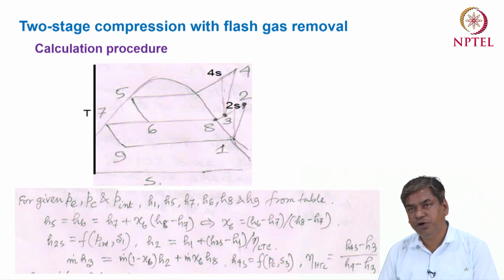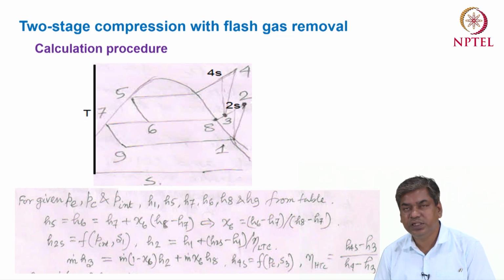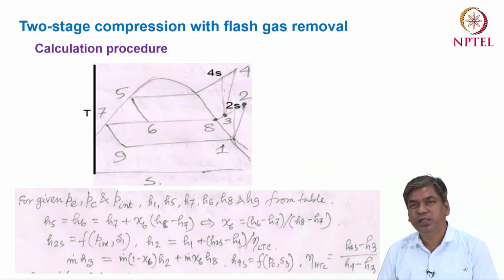So 1 and 8 we can get from the table, and then 5 and 7 both are basically the saturated liquid points. So 5 is the saturated liquid for the condenser pressure, and 7 is the saturated liquid for the intermediate pressure. So the enthalpies at points 5 and 7 both we can get from the saturation table. Then 5 to 6 and 7 to 9 both are the isenthalpic processes. So the enthalpy at points 6 and 9 also we can get.